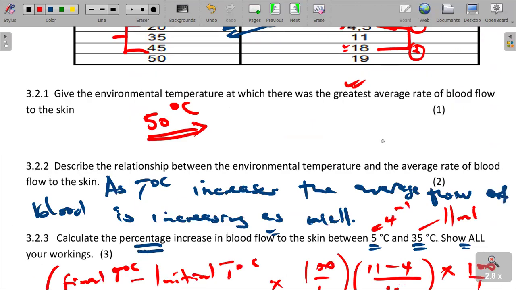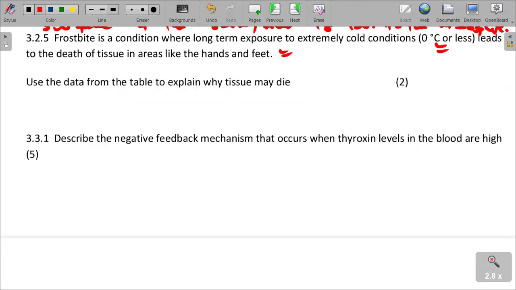So the question wants us to account for why frostbite takes place when temperatures are low. We need to know that less blood flows to the skin at low temperatures.